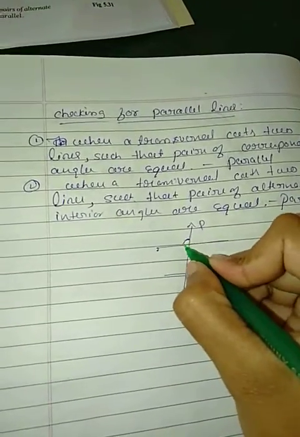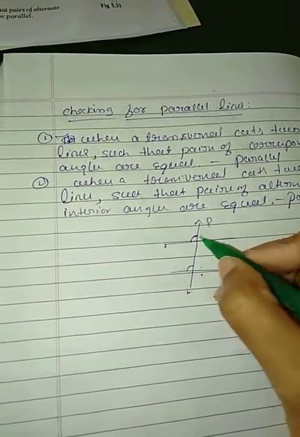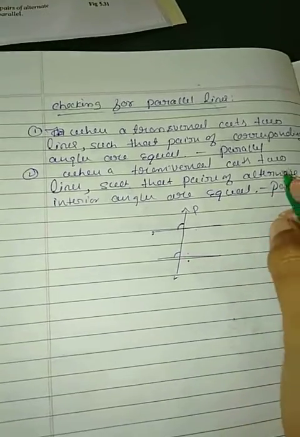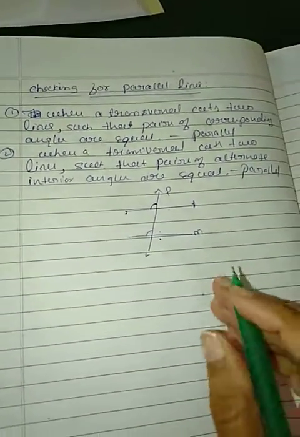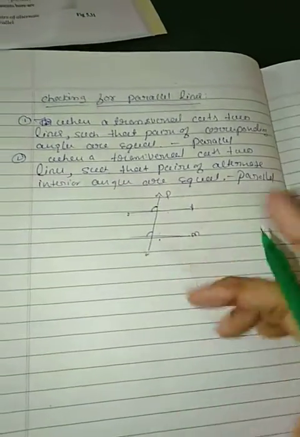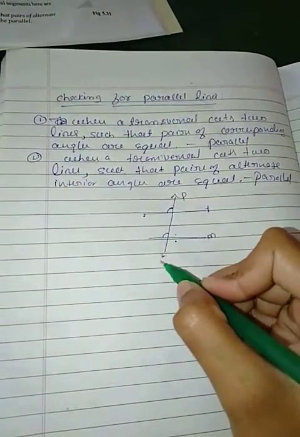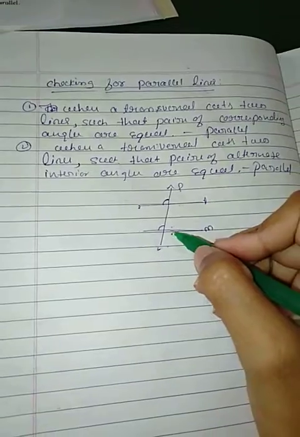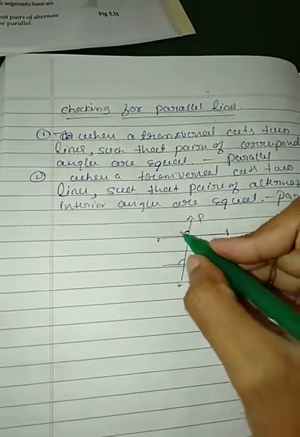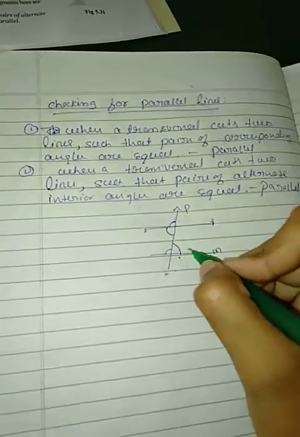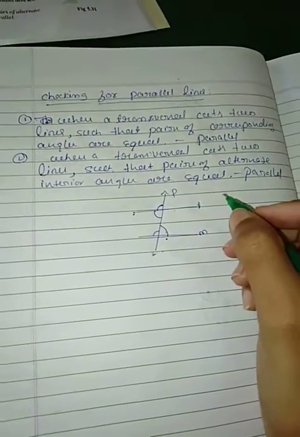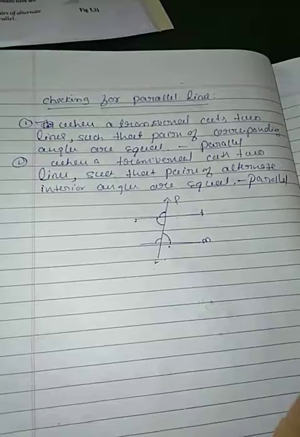These are the corresponding angles. If these angles are equal, then we say that L and M are parallel. Another condition: the transversal cuts the two lines at different points and the pairs of alternate interior angles are equal, then we can say they are parallel.